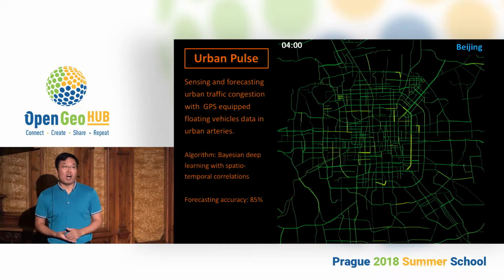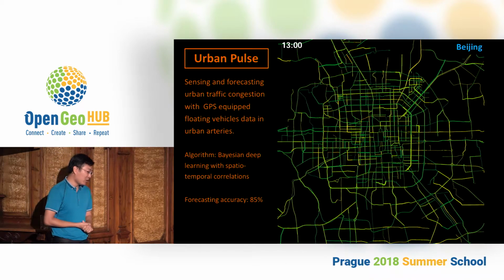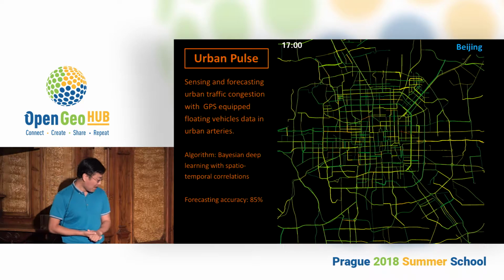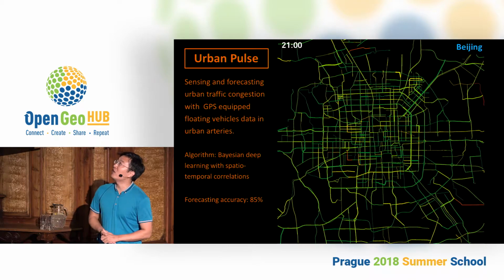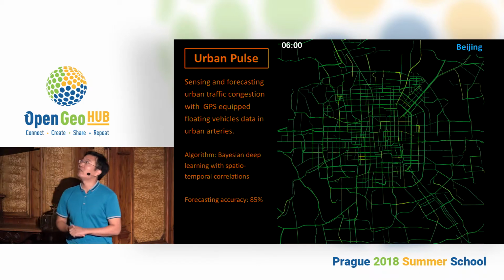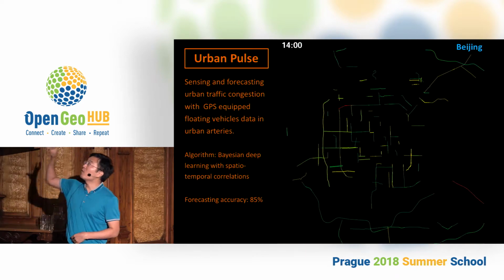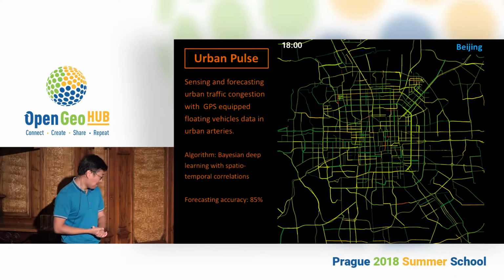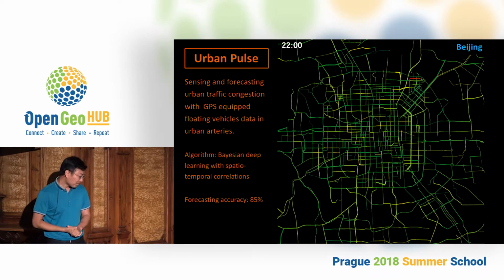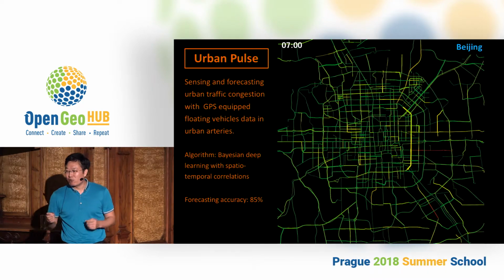Like people, urban areas also have a pulse. Yes, the transportation is like people's pulse. With GPS and floating vehicle data, we sense and forecast urban traffic congestion. It also covers the whole nation's very big data. Based on this data, we carry out some research.